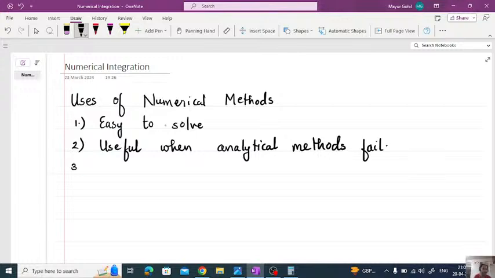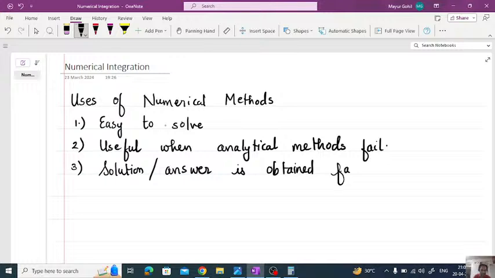Okay. Third, the solution or the answer is obtained faster. So these are the uses of numerical methods that you will encounter when you do the solving of the question.